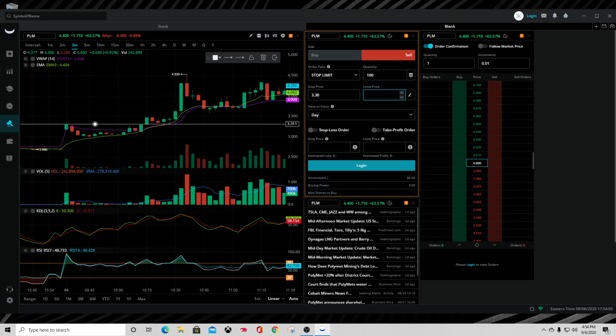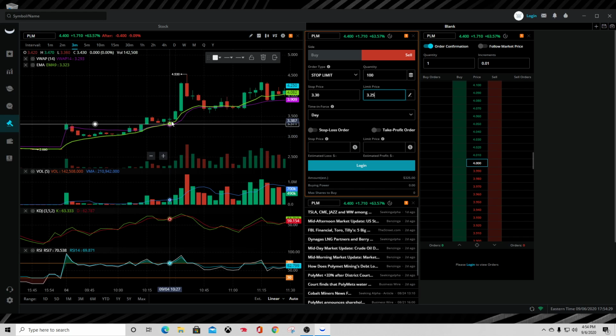So let's say we want to sell for no less than 325, right? Stop price is 330, we enter a limit price of 325, and then we put in our order. So now we have a stop limit of 325.